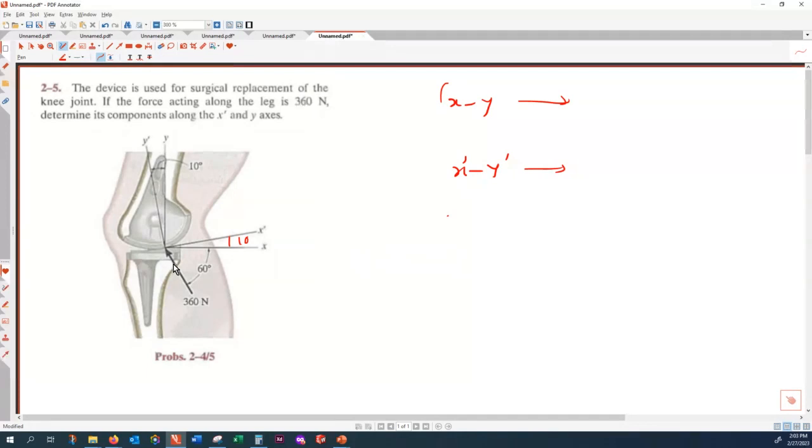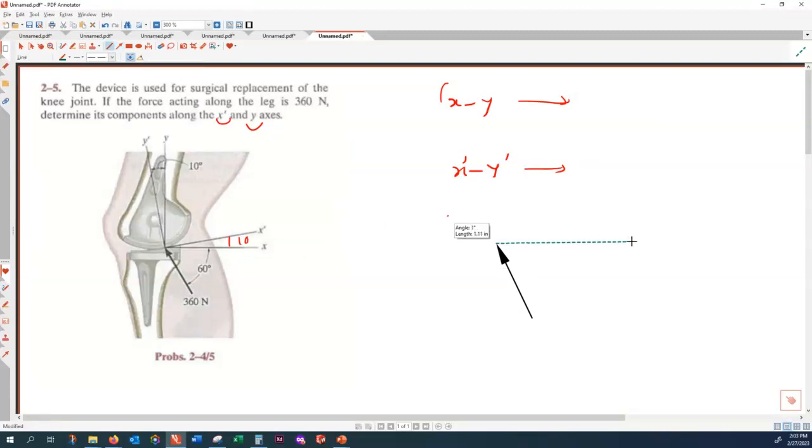Here, for some reason, you want to break this force into two different axes: once over x prime, once over x. So to project it over x prime, I draw that force where it is, and then I draw the x prime line.